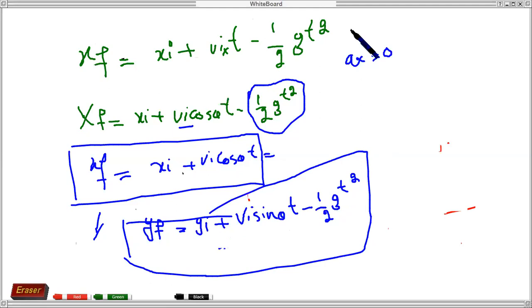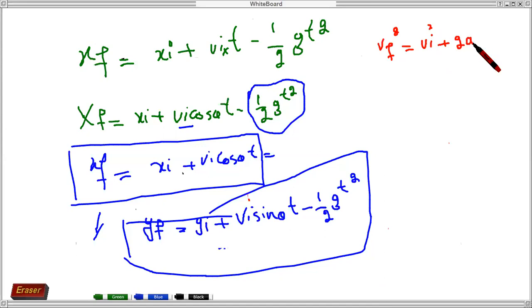Now what about the third equation? The third equation is vf square equal to vi square plus 2as, or you can write 2a times xf minus xi. Different books show different notation.